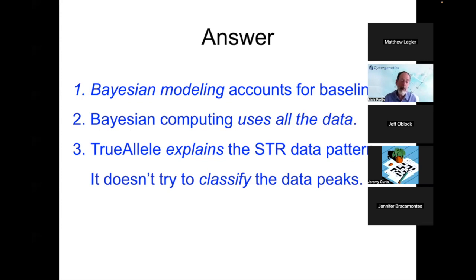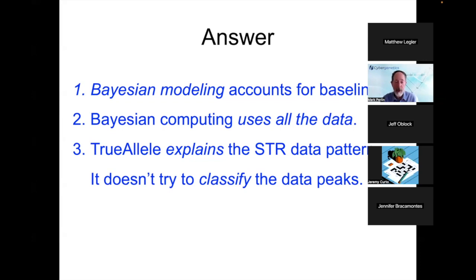Other parts of the system, for example, stutter modeling, account for other artifacts that aren't noise and aren't signal, but they're artifact. Also, the Bayesian computing uses all the data, because you can't reliably model the baseline and all these other low-level artifacts if you're not using all the data.